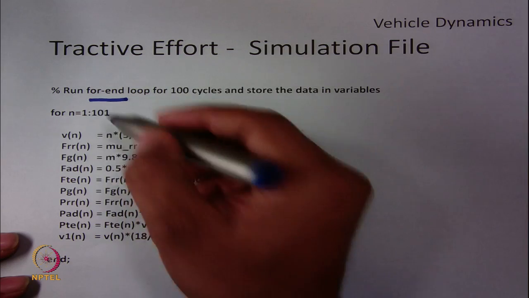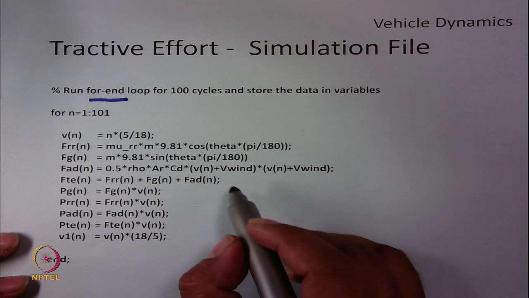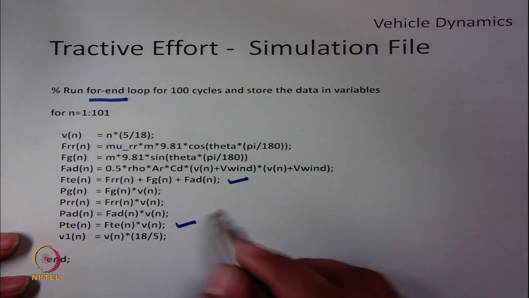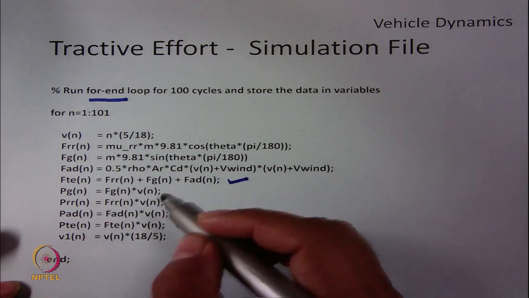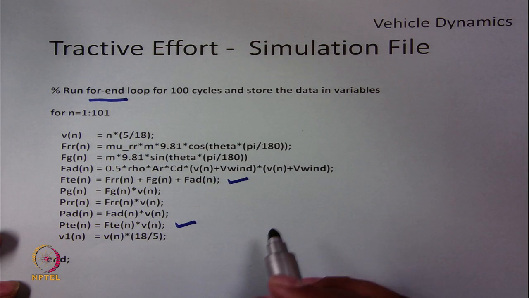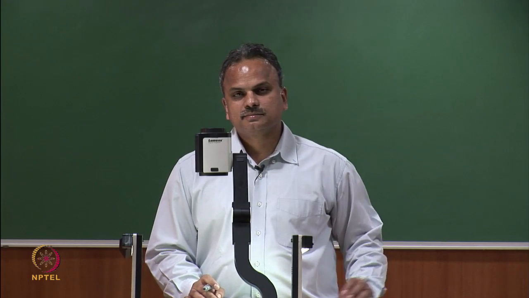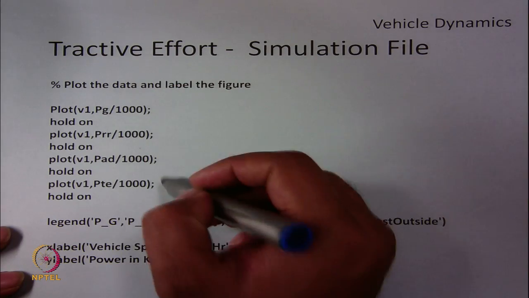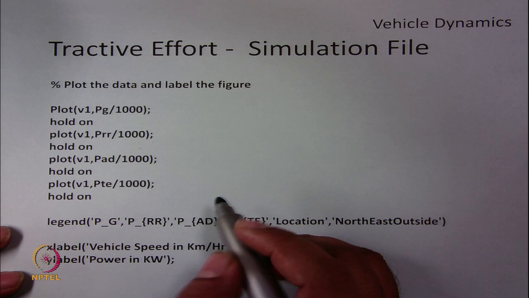For each iteration we will calculate all the forces, the total tractive effort, all the powers and the total tractive power for each velocity, and will store the results in an array of 100 values.